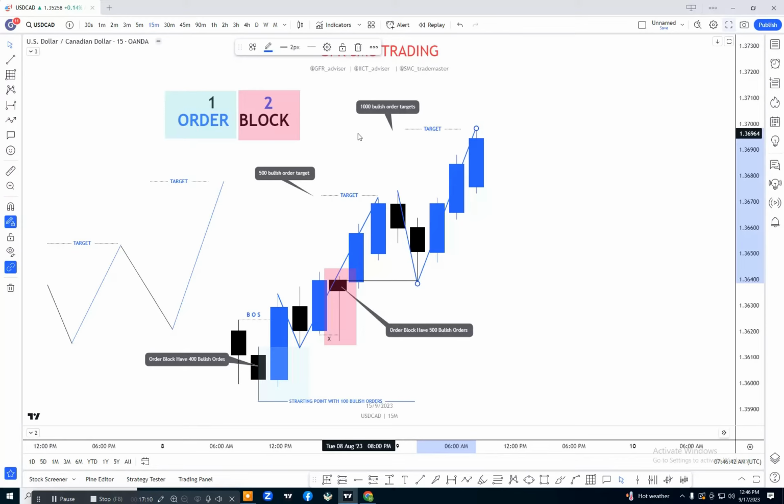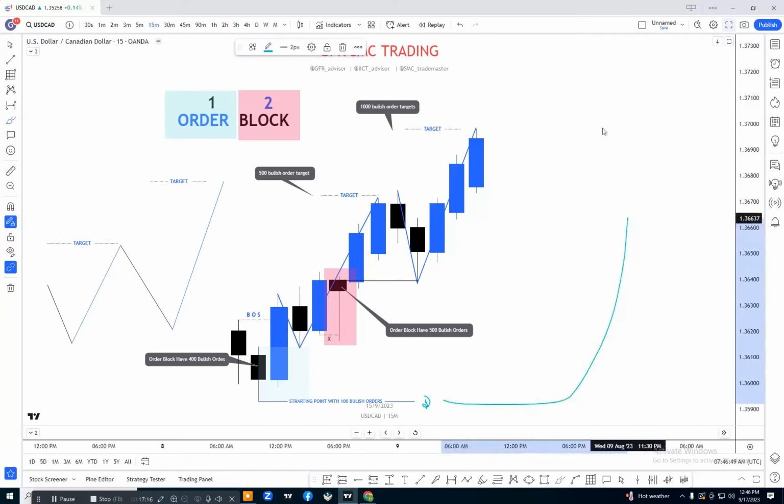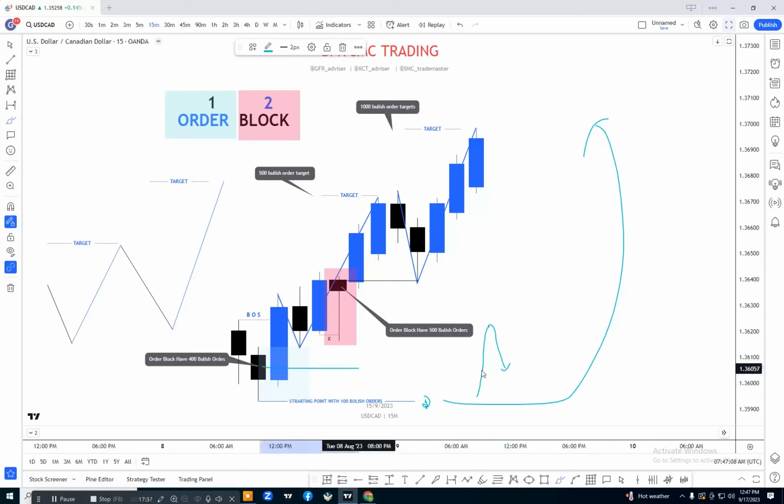Like this, we have a car and we need to go from this point to this point, and these order blocks are petrol pumps. We can fill the car from these petrol pumps. The car started from this point, and the pump was empty. So we turn back to the petrol pump and fill our petrol from this area to go to the next target.